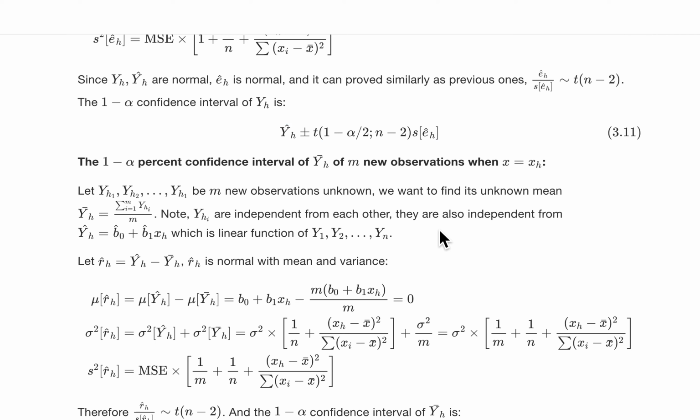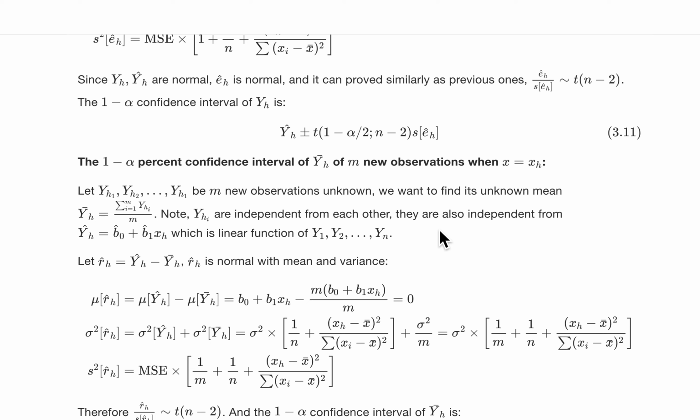Then the next thing we can find, as another inference, is a confidence interval for m new observations, the sample mean of the m new observations.